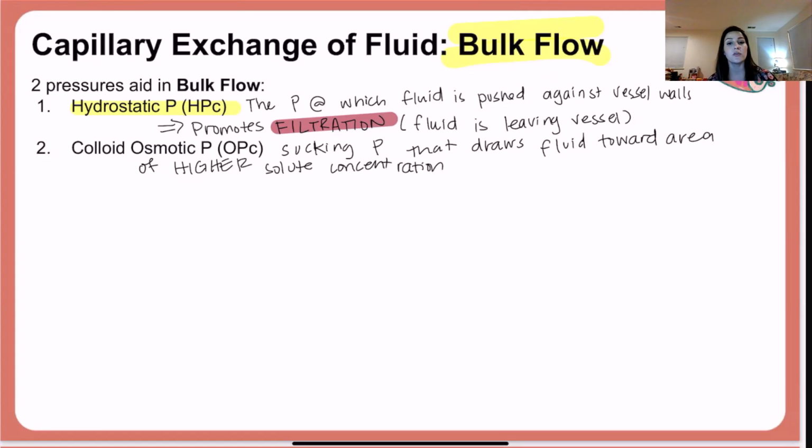So wherever the solutes are higher, that's where the fluid goes, okay? And I think of colloid osmotic pressure, I want to think of that word osmosis. We have to think back to that word osmosis, the diffusion of water, but it's really that we want to go to the area where water is lower. Okay, so let me highlight colloid osmotic pressure also.